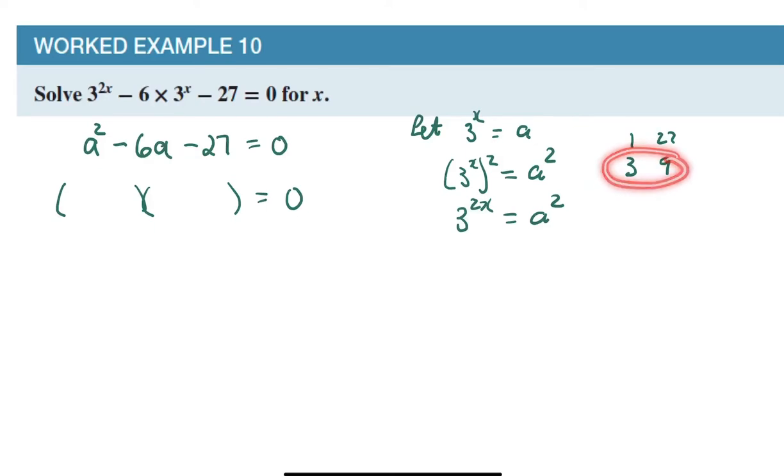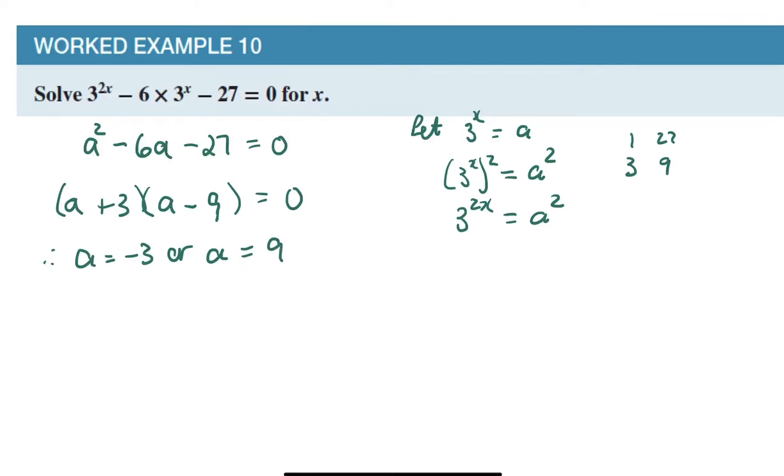This is a difference of 6, so it's going to be 3 and 9. The biggest one needs to be negative. So therefore a equals negative 3 or a equals positive 9.